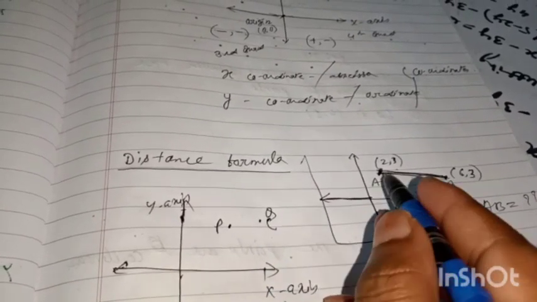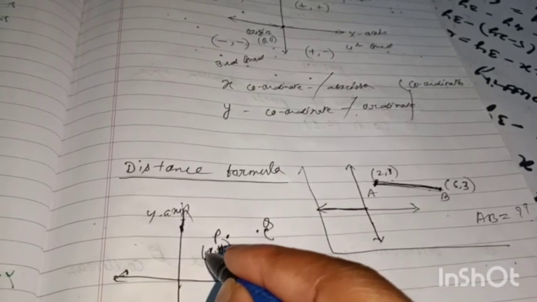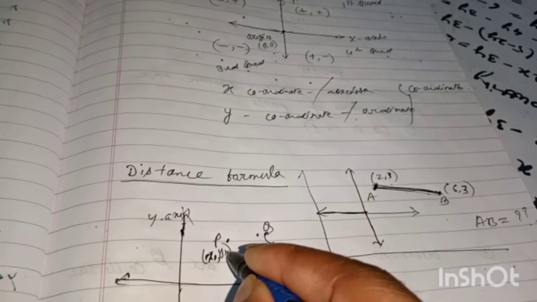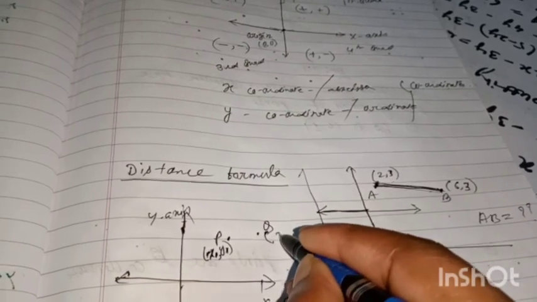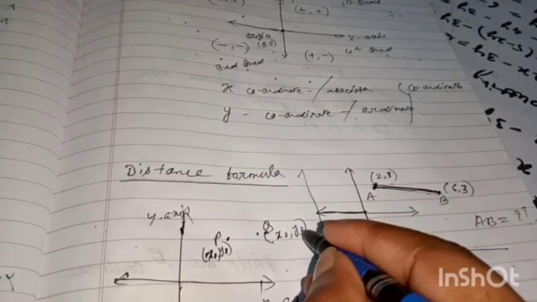The coordinates could actually be 2, 3, 6, anything. Suppose the first coordinate is x and the second one is y. So suppose this one is (x1, y1), and this is (x2, y2), a different coordinate.